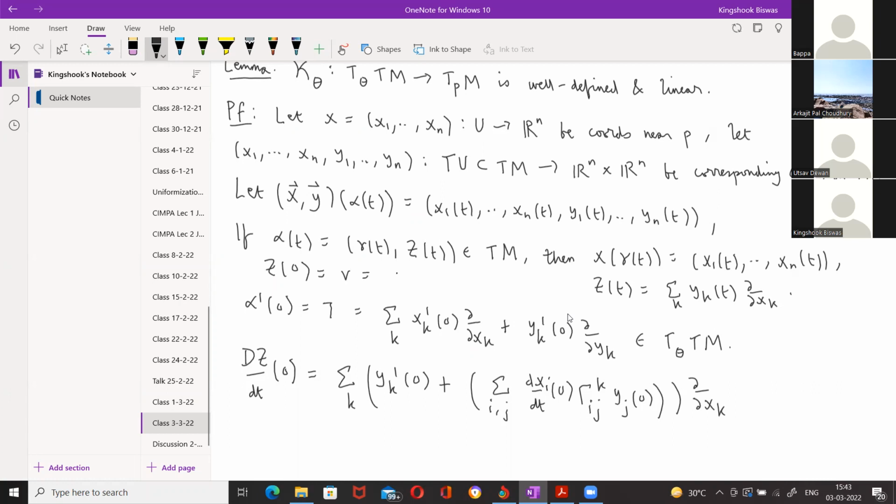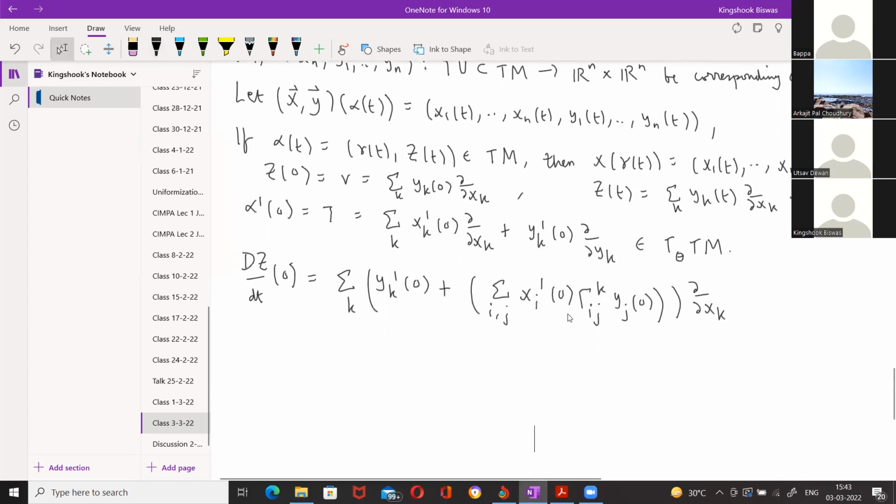This is summation yk0 del del xk, right? So this d dt of xi at 0, this is just xi prime 0. So let me just write xi prime 0 here.